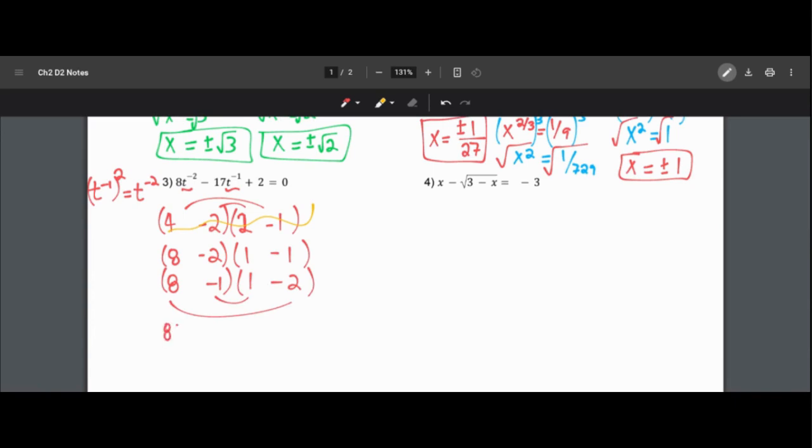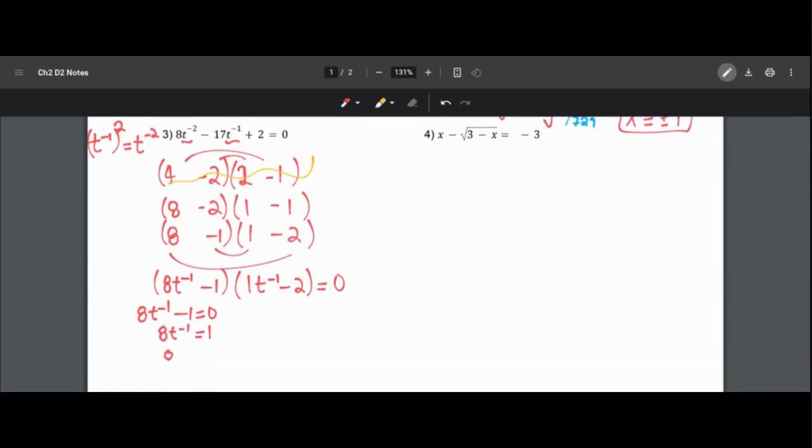So my factors are 8t to the negative 1 minus 1 and 1t to the negative 1 minus 2, and that equals 0. So at this point, what we need to do is solve by zero product property. So I have 8t to the negative 1 minus 1 equals 0, which is 8t to the negative 1 equals 1.